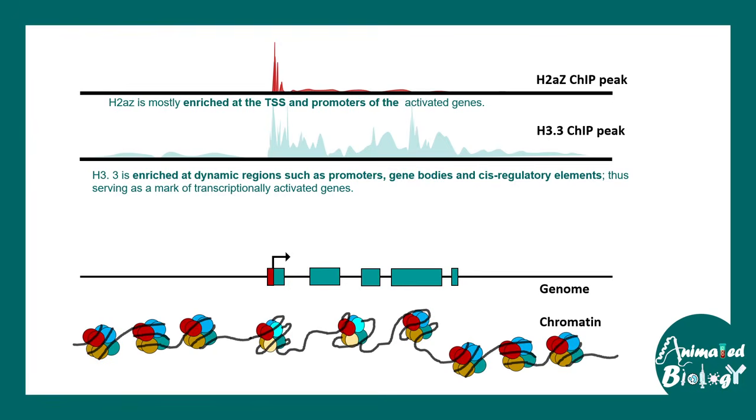Similarly, H2A.Z is another variant of H2A histone, and it is selectively found near the transcription start site. So there are specific histones which can dictate the overall rate of transcription. So the question is how? How can these histone variants modulate the transcription?